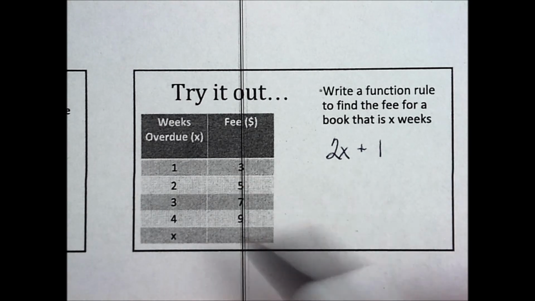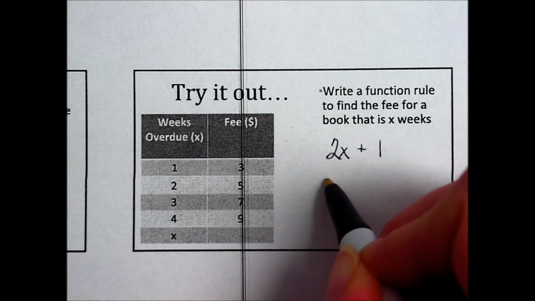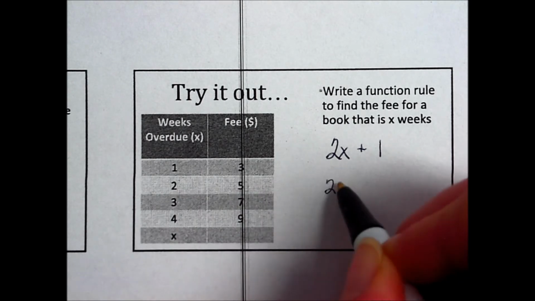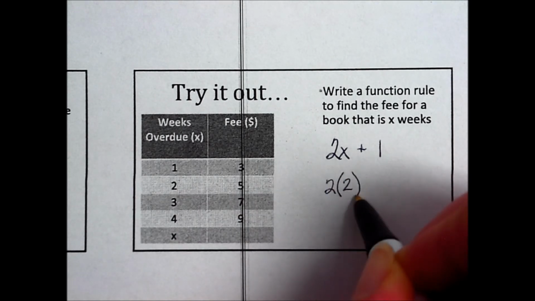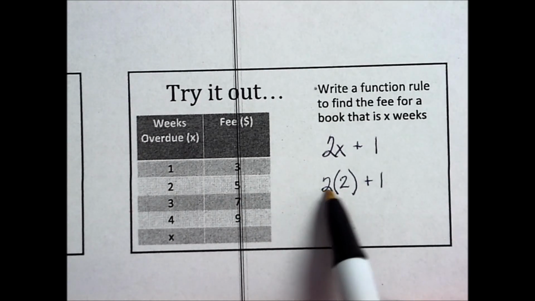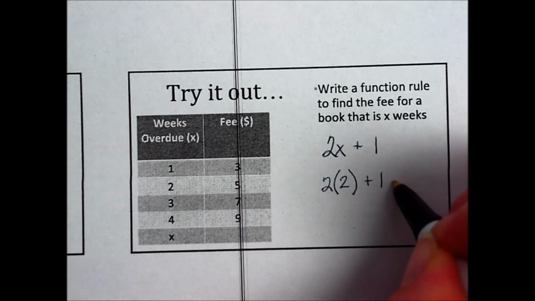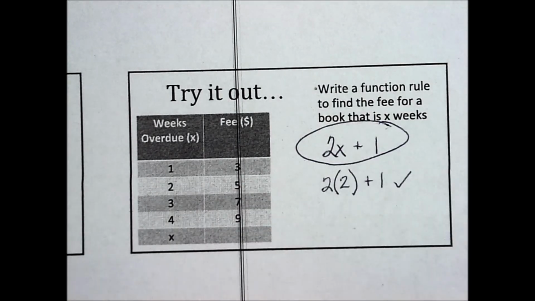You can use any of them, but I'm just using the second one. So if I plug in a 2, I should get a 5 for my final answer. 2 times 2 is 4, plus 1 is 5. Okay, so my rule does check. That is my rule. Let's try one more.